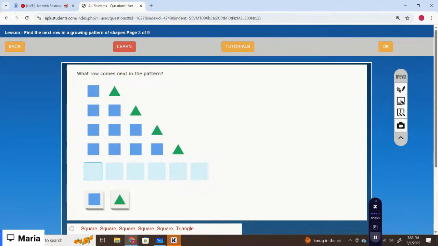What row comes next in the pattern? So which is the correct option? That is one square and triangle.